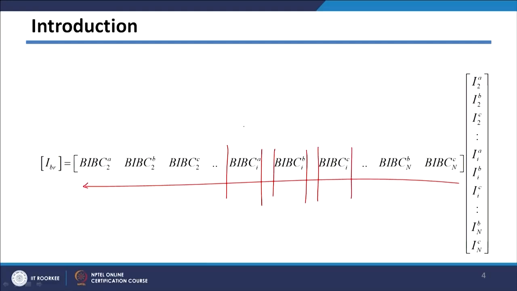This one corresponds to the ith node and A phase, this corresponds to the ith node and B phase, and this column corresponds again to the ith node and C phase. This nomenclature is given so that we can identify a particular column for short circuit analysis purposes.